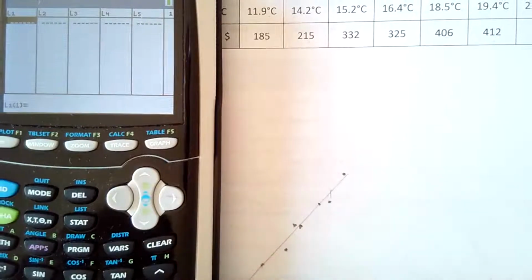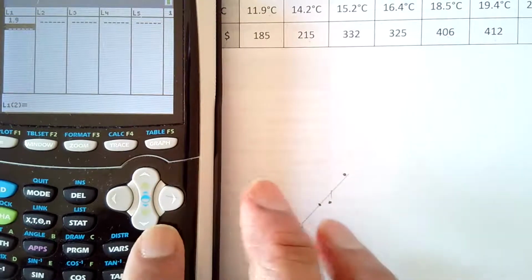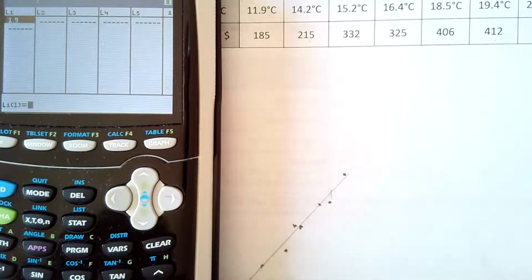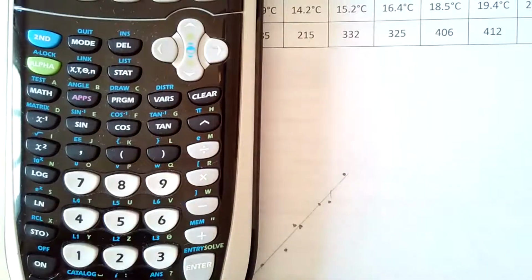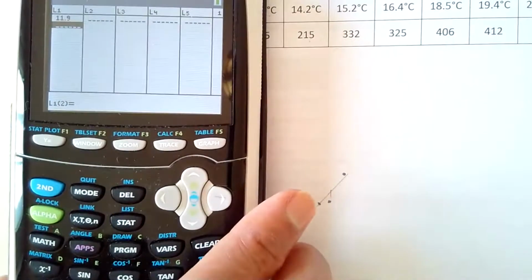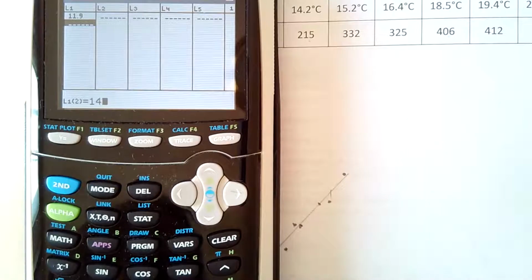So L1 will be 11.9. Okay, now what I'm doing, because you probably can't see it on my screen, is pressing these buttons here and pressing enter. It's 14.2.